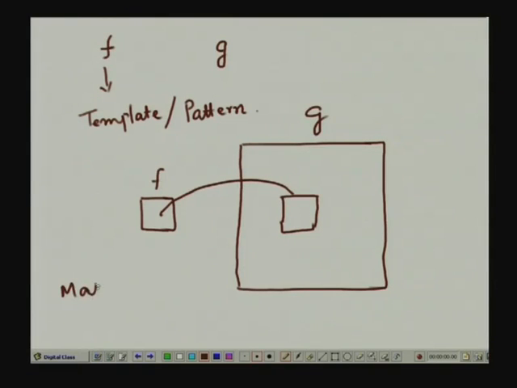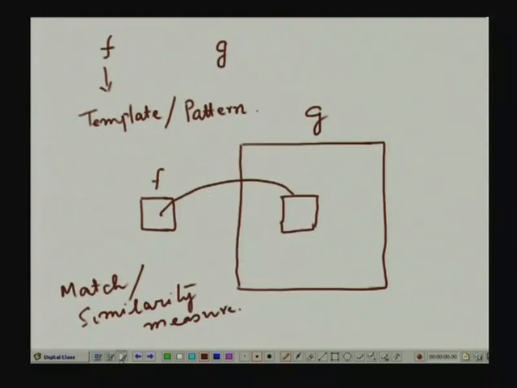So, we have to take different match or similarity measures to find where this template F matches the best in the given image G. There are various such match or mismatch measures, and let us see what the different measures are that can be used.